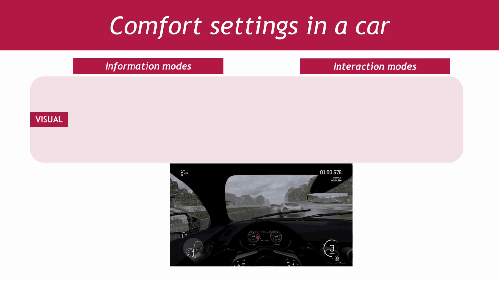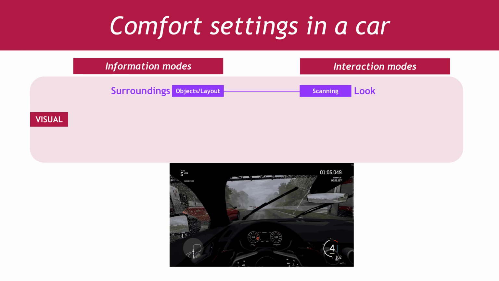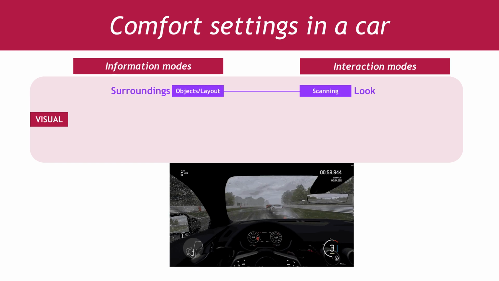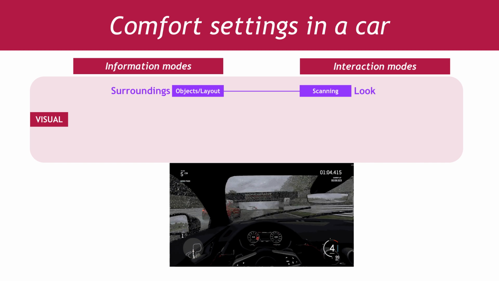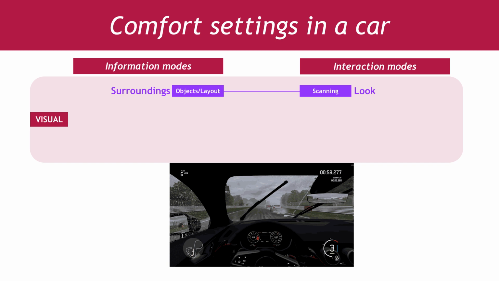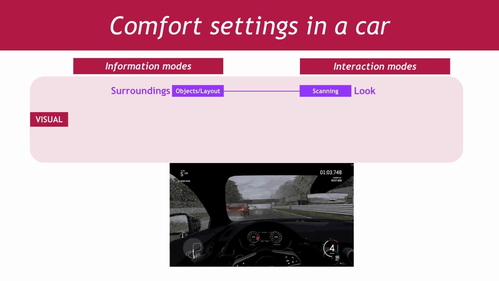So let's think about a driver adjusting the comfort settings in a car. The driver is relying on a lot of visual information streaming through the windshield in order to keep the car in the right place, heading in the right direction, and not hitting objects in the path. So we say, okay, fine, we'll use voice controls.